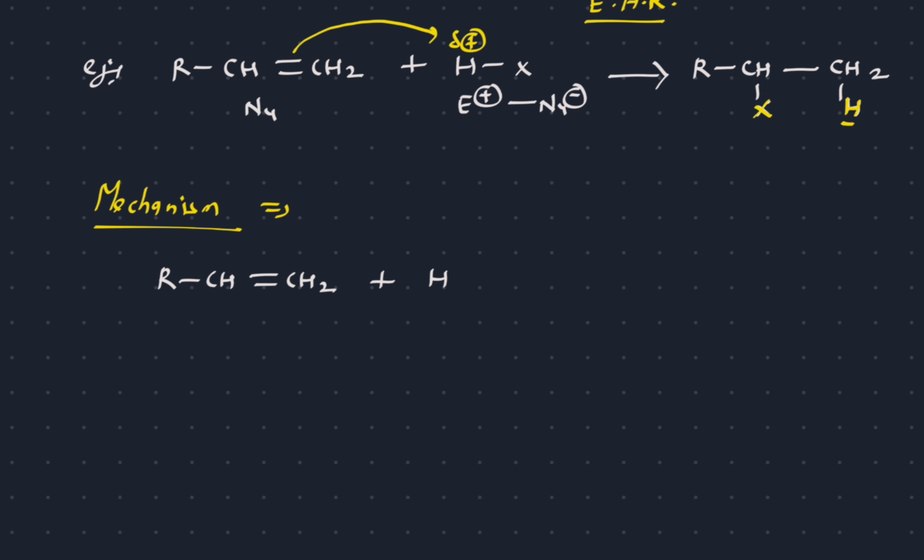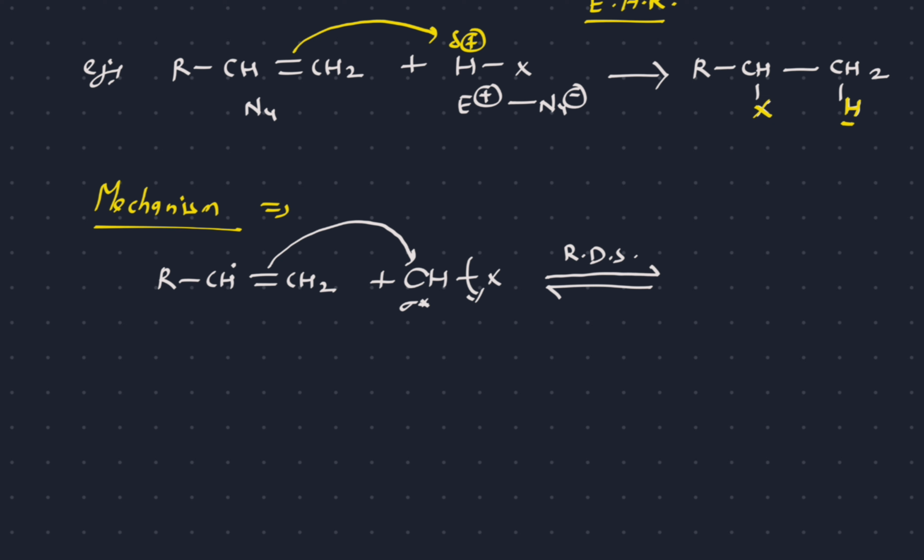Firstly, the nucleophilic electron density will attack the hydrogen sigma star orbital, which is electrophilic in nature. So nucleophilic density attacks the hydrogen and the halogen is removed. This is the RDS step, the rate determining step of this reaction.